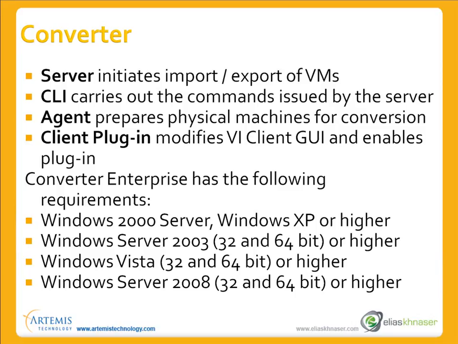The client plugin is what modifies the VI client GUI, expanding the virtual infrastructure client's GUI. Converter Enterprise, as best practice, calls for installing it on the same server as your virtual center server because they are very intimately connected.